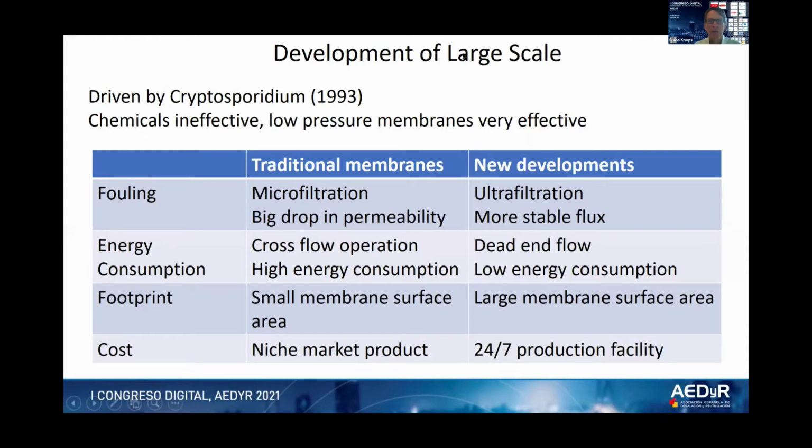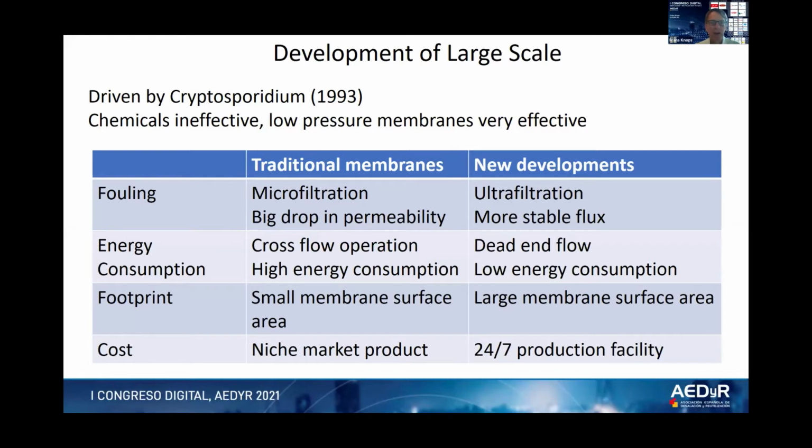So what we have seen basically since the early 90s, that chlorine-resistant microorganisms were detected in some drinking water sources. These organisms could not just be removed from the drinking water with chlorine dosing, so new technologies were required. Low-pressure membranes, when tested, were very effective.